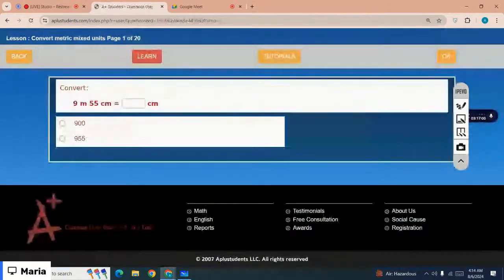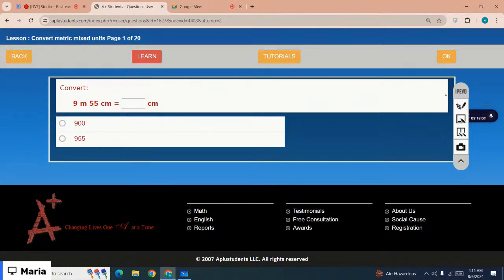Okay, 9 meters and 55 centimeters. So which is the correct option? Yes, that is 955 centimeters. Option number 2 is the correct option.